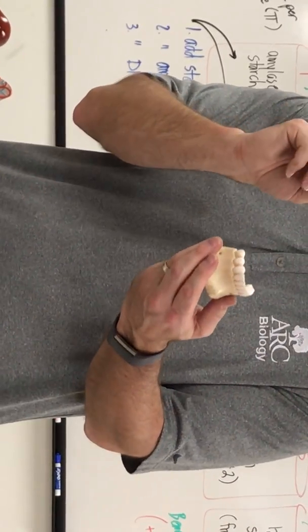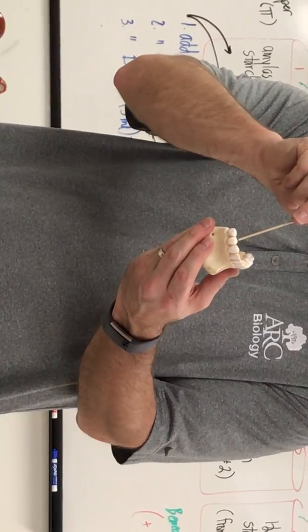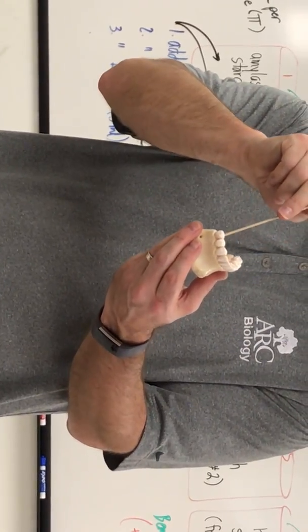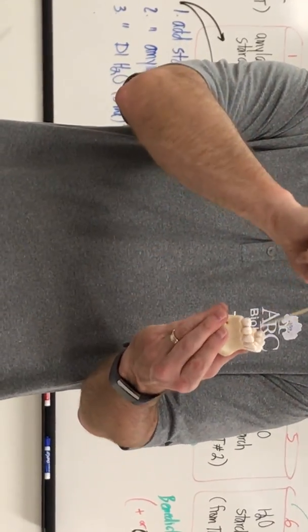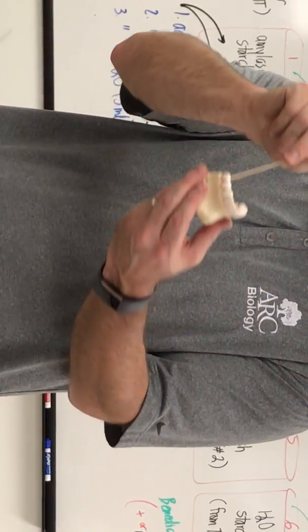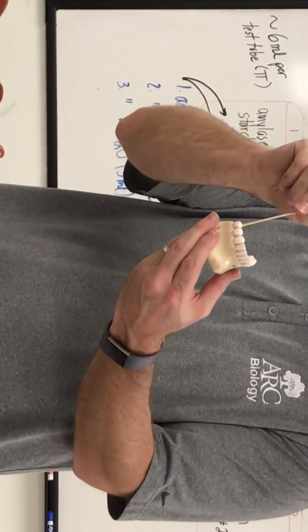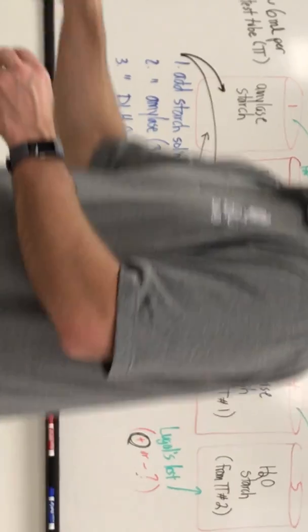And then if this was a child, these two would be first and second molars. And if this is an adult, these are premolars or bicuspids. The full set of adult teeth are up there, and they show the 2 premolars and the 3 molars, right? 2, 1, 2, 3 is the dental formula.